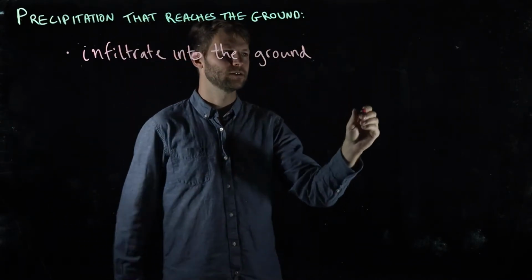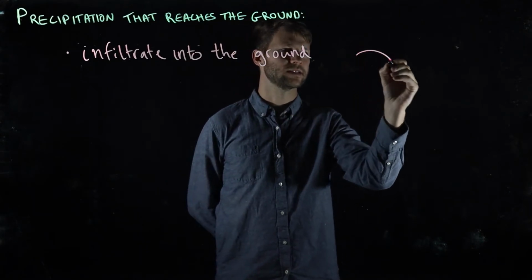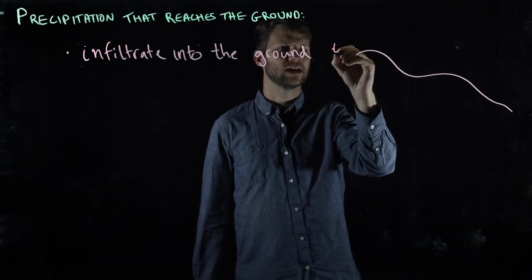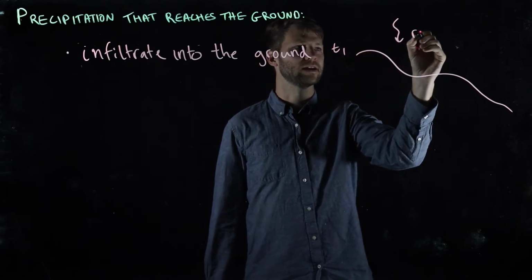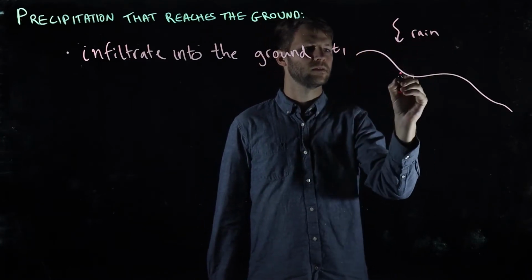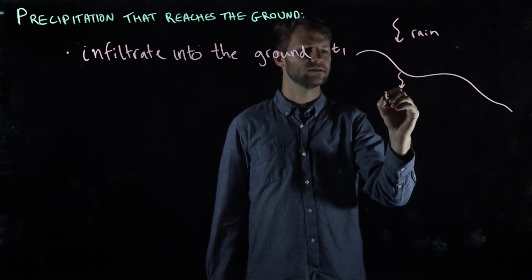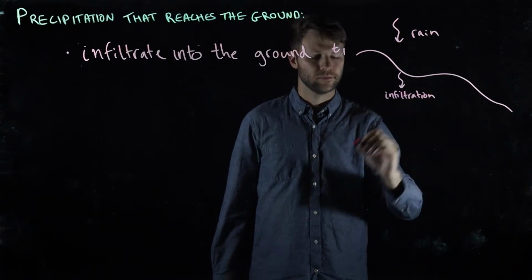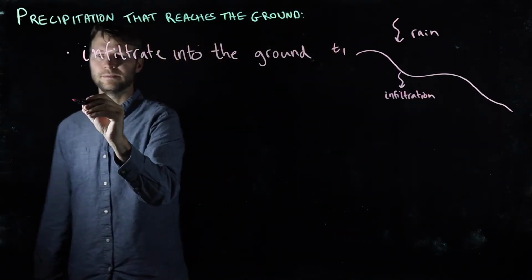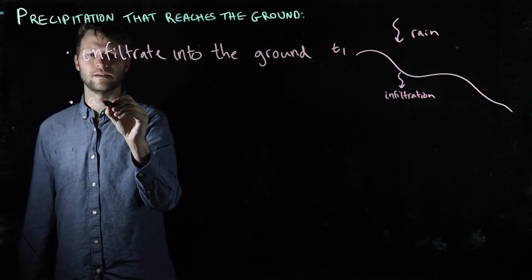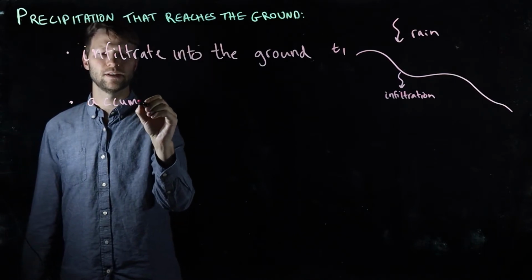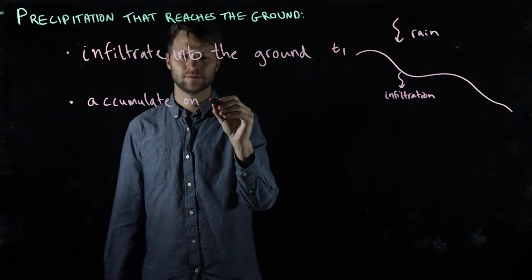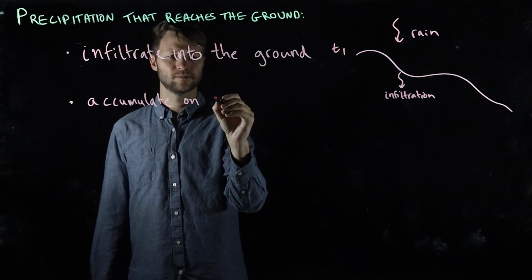And so if I were to draw, for example, a schematic cross-section of a hill slope here, and if this was time 1 and there's rain coming in, the water can go into the ground via infiltration. If it keeps raining, it might start to accumulate on the surface as depression storage, something called depression storage.